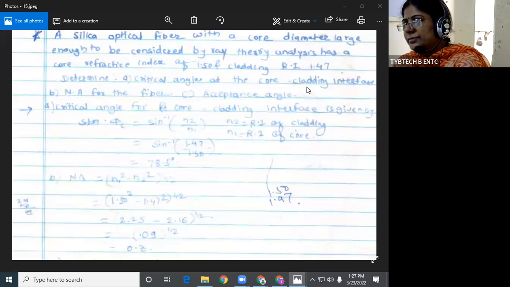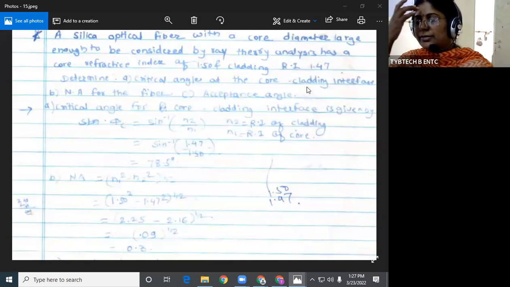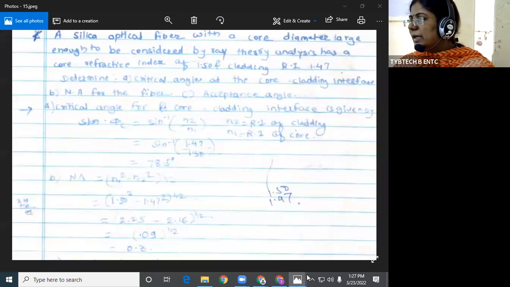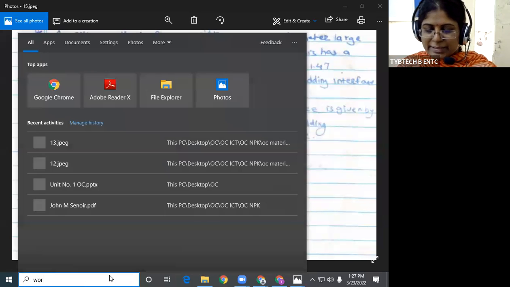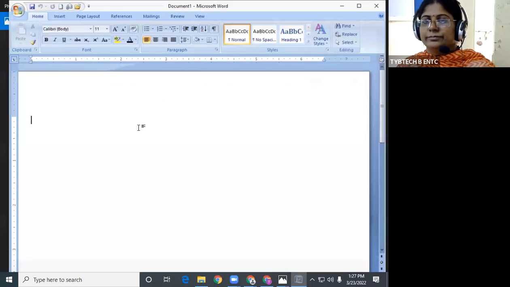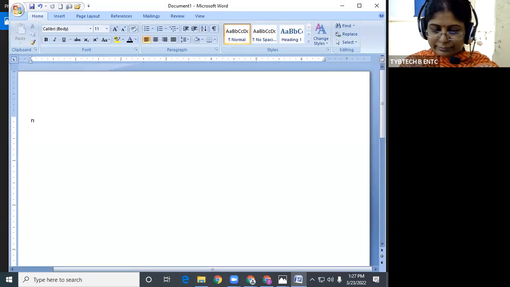Calculate the numerical aperture and acceptance angle.